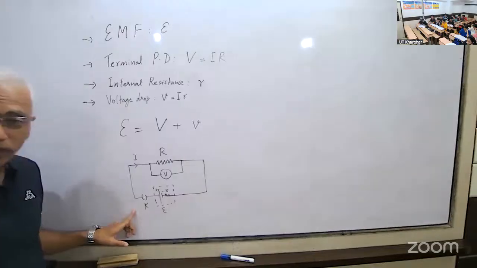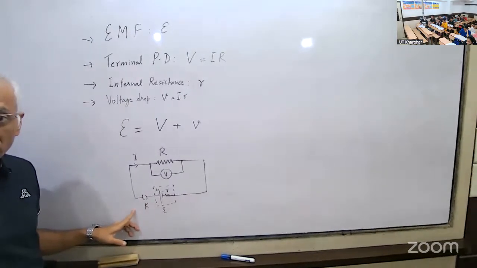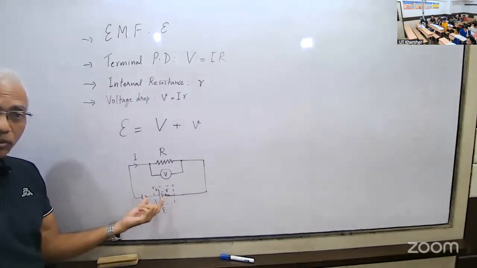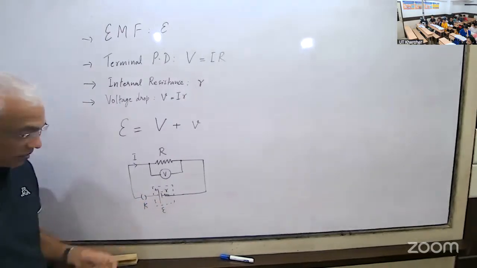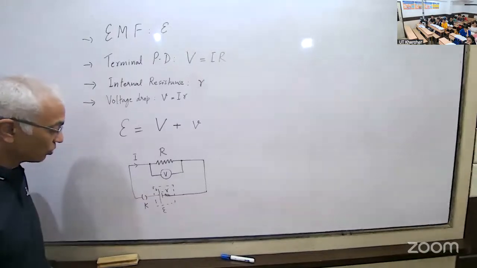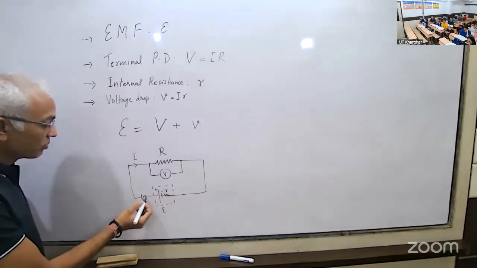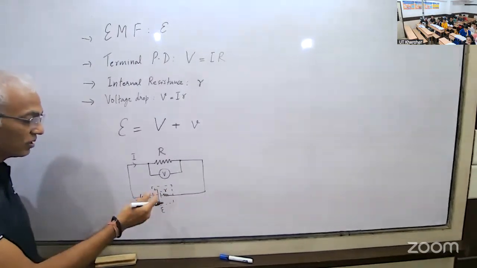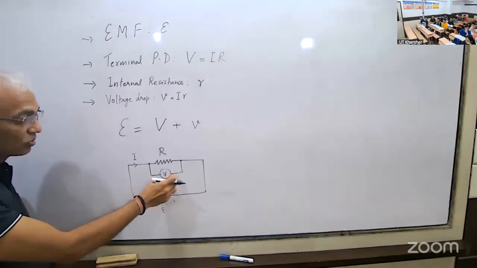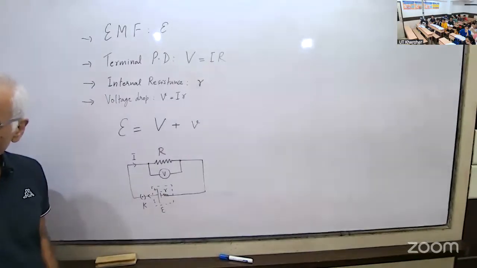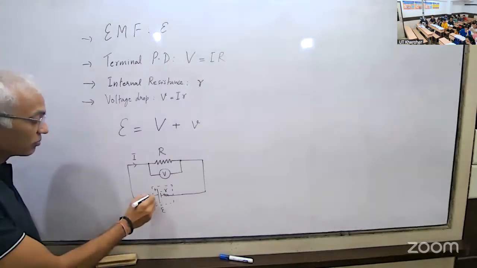When the key is open, whatever is the potential difference across the terminals of the cell is E. Whereas when the key is closed, current is drawn from the cell, and that time the potential difference reduces and becomes V. It is also defined in terms of work done.